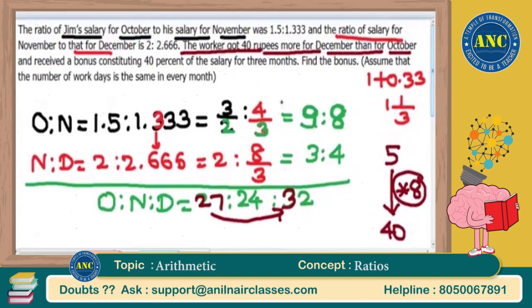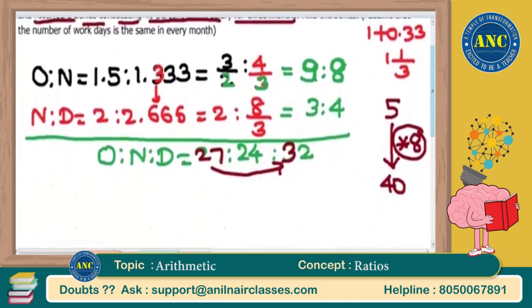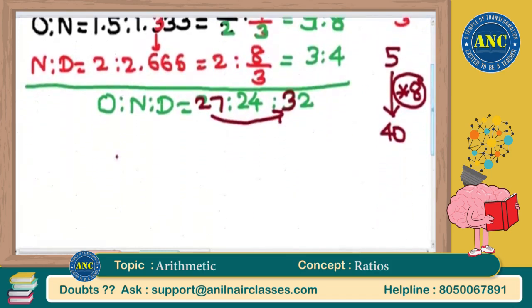Now read the next statement. And received a bonus constituting 40% of salary for 3 months. That means what is the total salary for 3 months? Total salary for 3 months is 27 plus 24 plus 32. It is 83.